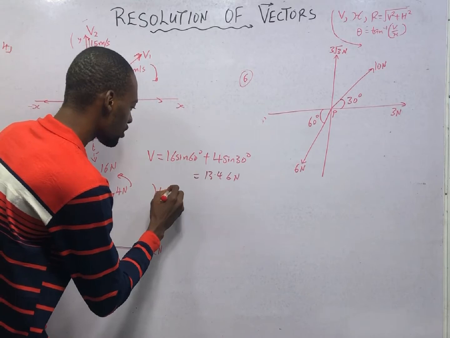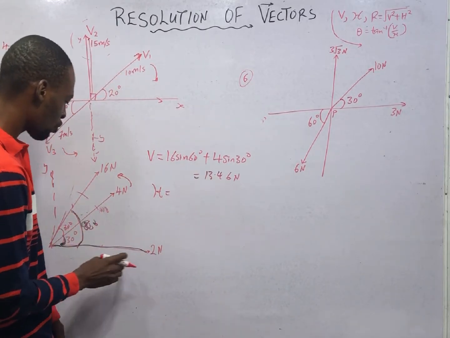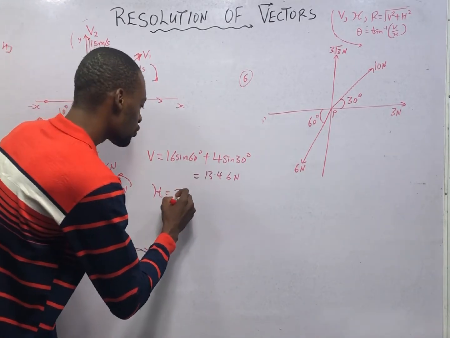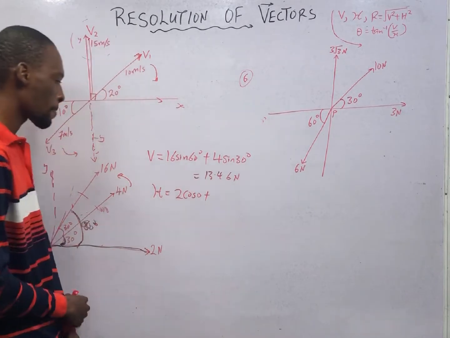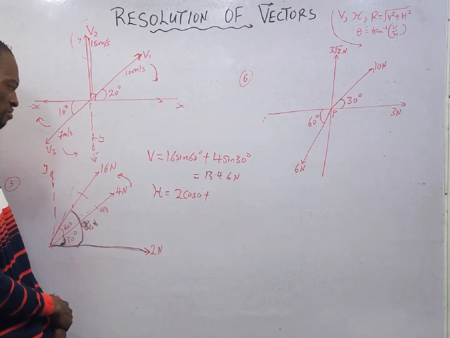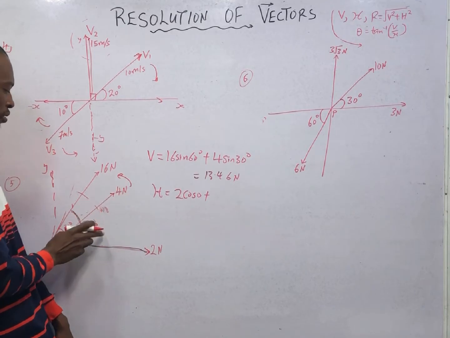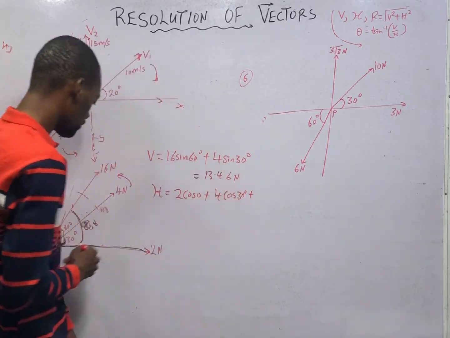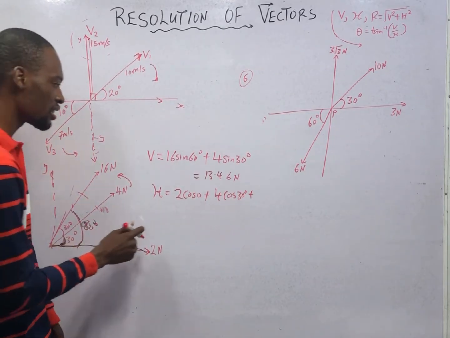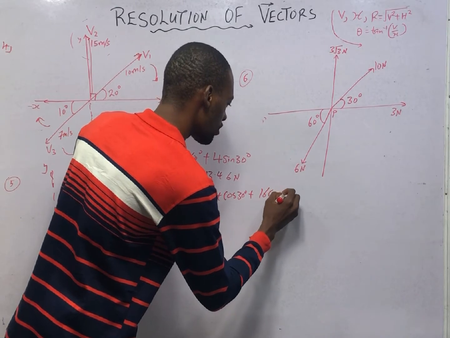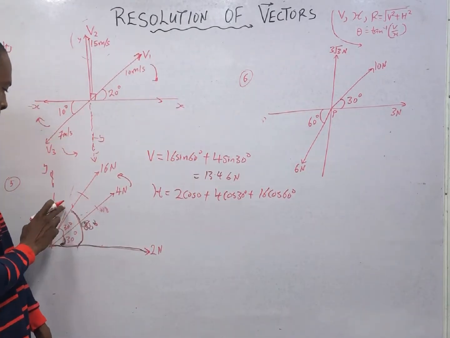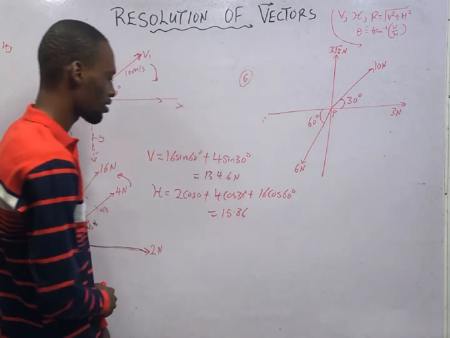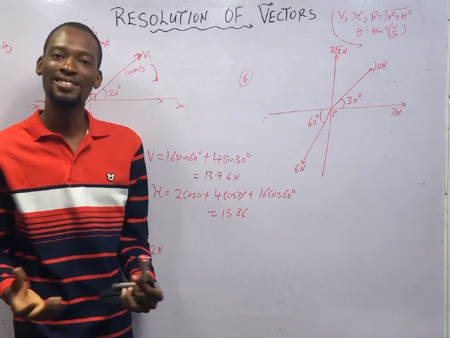Then horizontal is equals, we already have here, so at angle 0 degrees, so that is 2 cos 0 plus 4 cos 30 plus 4 cos 30 degrees plus 16 cos 60 degrees. This will give you 15.86. So with this, food is ready.